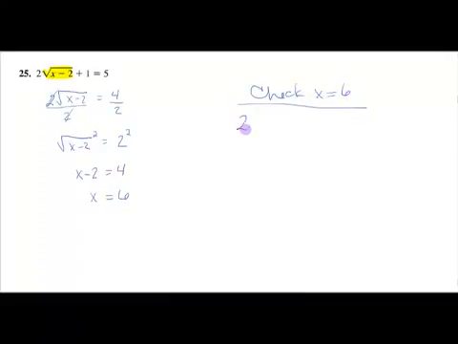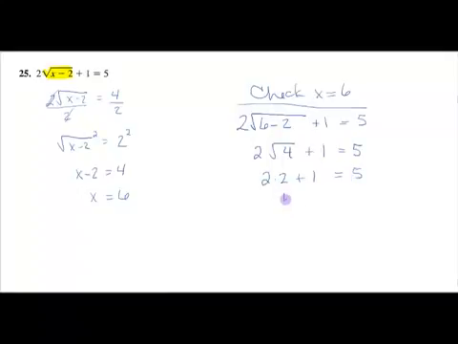That gives me 2 square root of 6 minus 2, plus 1 equals 5. So 2 square root of 4 plus 1 equals 5. That's 2 times 2 plus 1, which is 4 plus 1 equals 5, which we know is true. So x equals 6 is our solution.